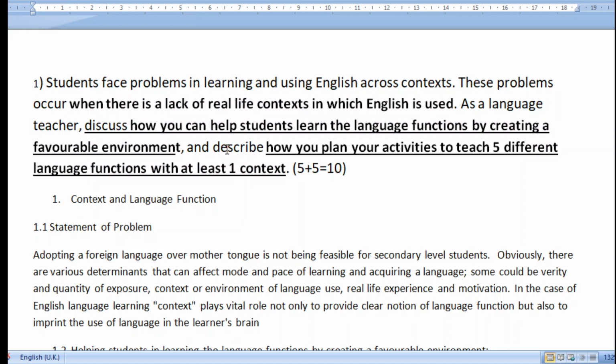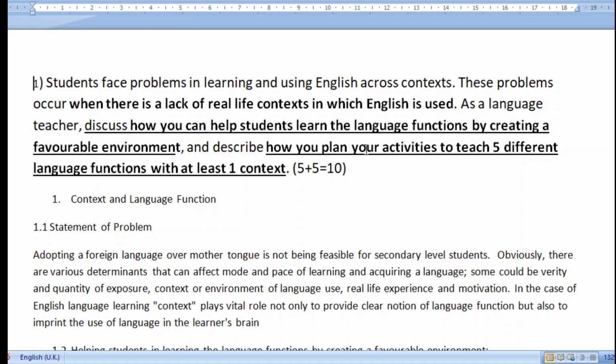That means while teaching you have to create a favorable, suitable environment. You have to change the setting of the classroom, maybe with role play or dramatization, because you have to create the context. If you are going to create a certain context, you have to change the environment of the class accordingly.